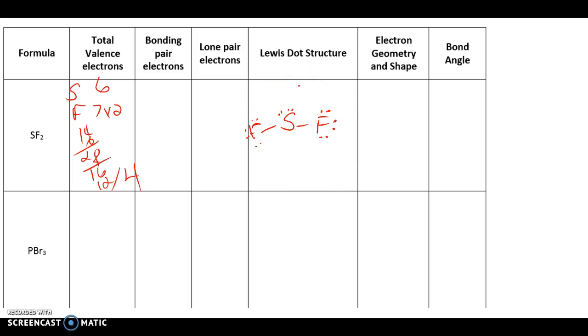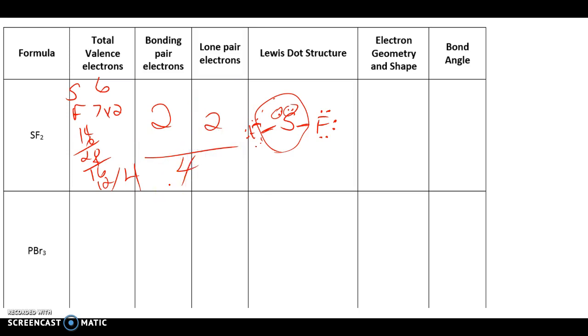Now sulfur can sometimes take more than an octet. In this case, it's taking an octet. All right, so let's talk about around the central atom, which is here. We have 2 bonds going on, right? So I have two bonding pairs, and I have 2 lone pairs for a total of 4.